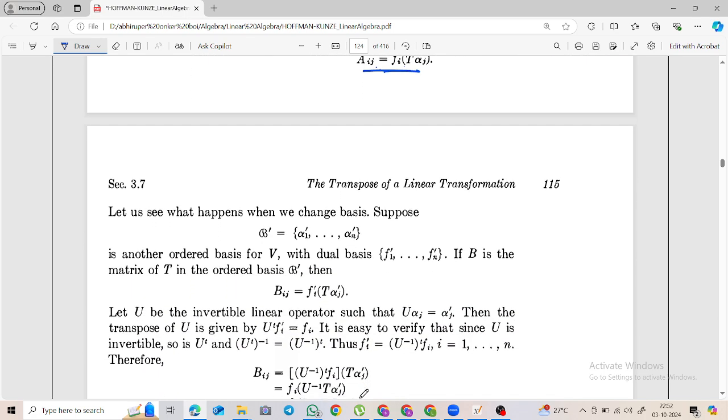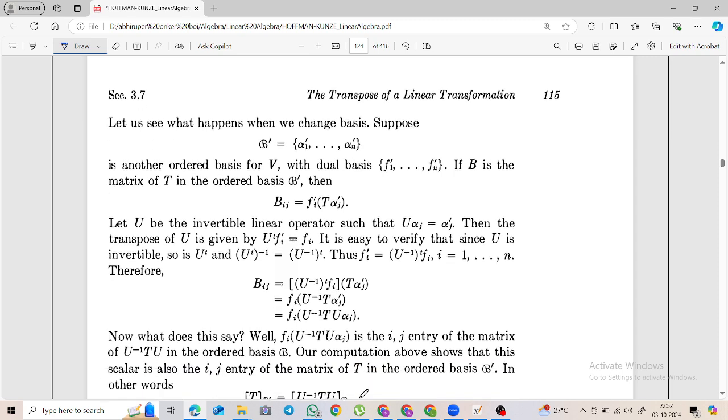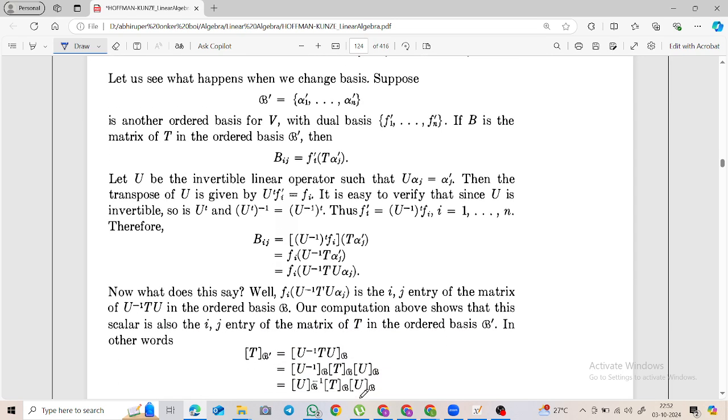Let's see what happens if we change the basis. So they have gone to alpha_i prime as the ordered basis. U is an invertible operator such that U alpha_j is alpha_j prime. That is, U is the change of basis matrix. Then the transpose of U is given by this.